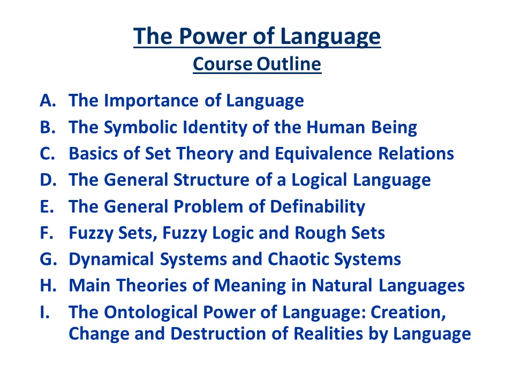E. The general problem of definability. F. Fuzzy sets, fuzzy logic, and rough sets. G. Dynamical systems and chaotic systems. H. Main theories of meaning in natural languages. And I. The ontological power of language. Creation, change, and destruction of realities by language.